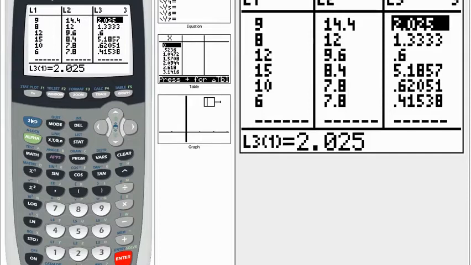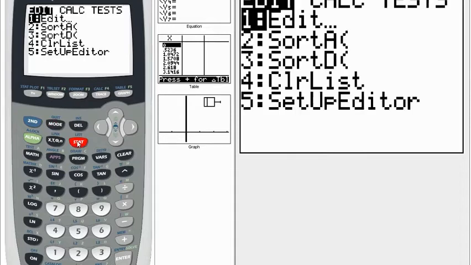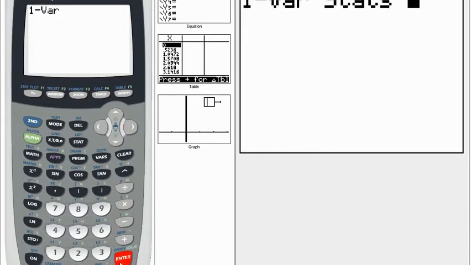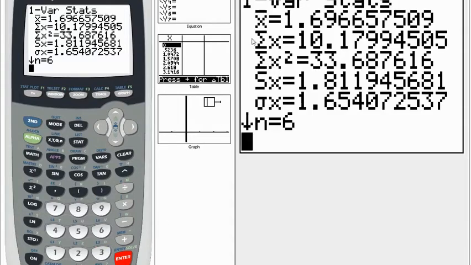So I'm going to now go out of this, and I'm going to find out what the sum of those chi-squareds are. By going to my one var stats, and in this software package, it doesn't walk me through the list, but I need to add the L3 list. So when I add that up, you can see that the summation with capital sigma, the summation of my x's was 10.17994505.